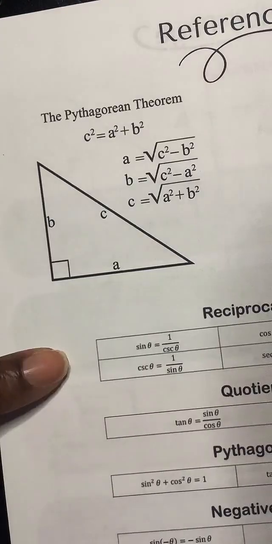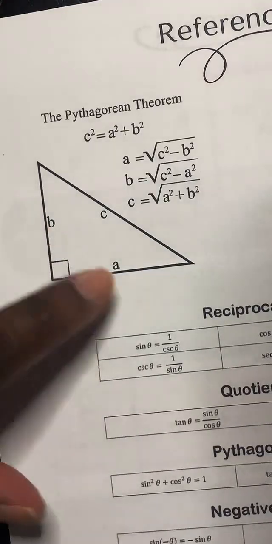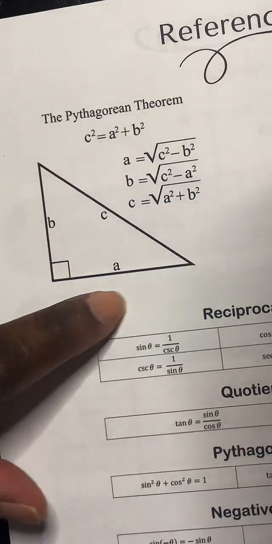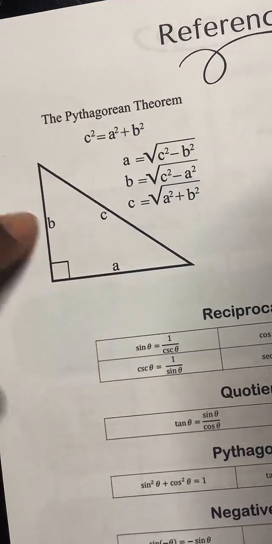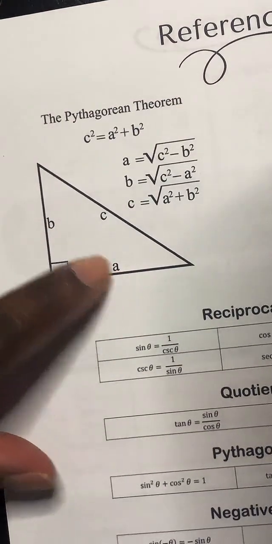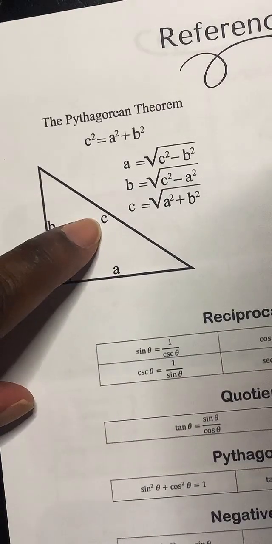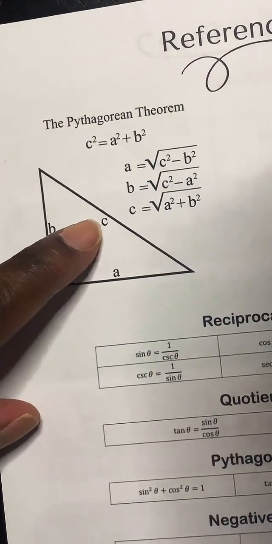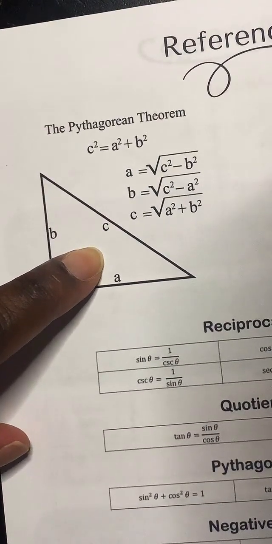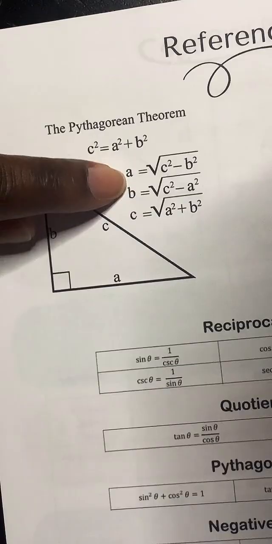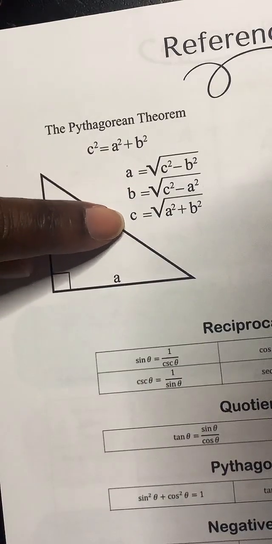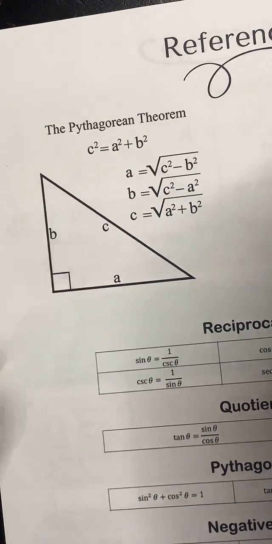When you have the other two sides, they're called the legs. So if I take the square and I sum up both of the legs, it should equal the square of my longest side, the hypotenuse. Keep that in mind, and take a look at this one right here.